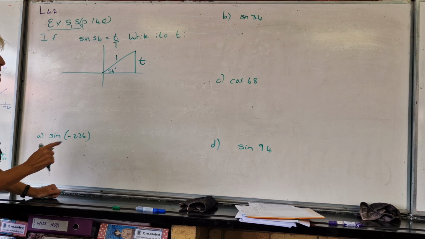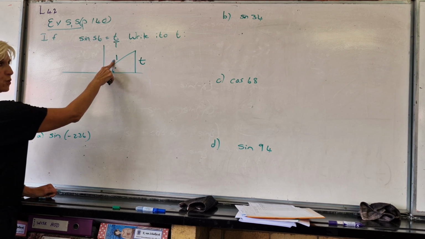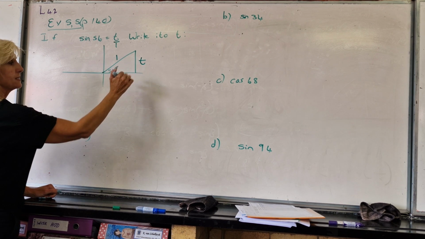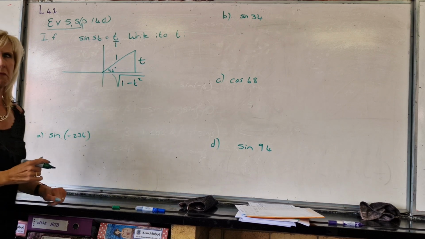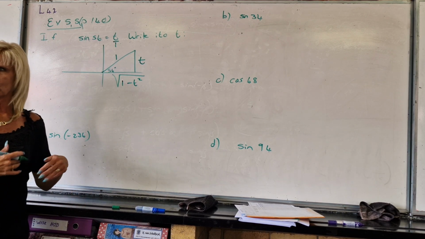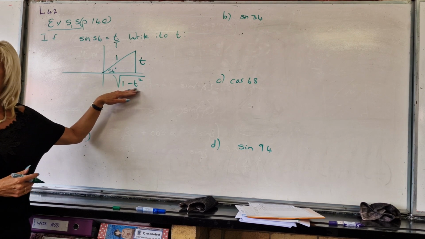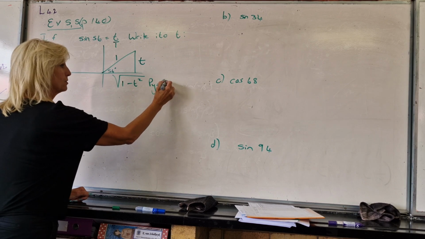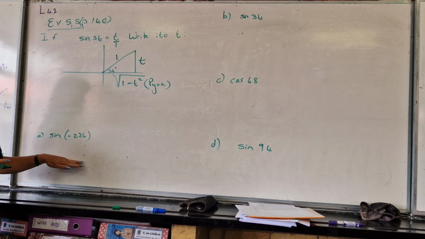So in this case, it's going to be a minus sum, in which I'm going to say 1 squared minus t squared, and that's inside of a square root. Remember last year in grade 11, you took a while to get into it there. But if I want to work it out with Pythagoras, I have to say Pythagoras. Please don't forget to give Pythagoras his due, so that I can go on to answer the questions.